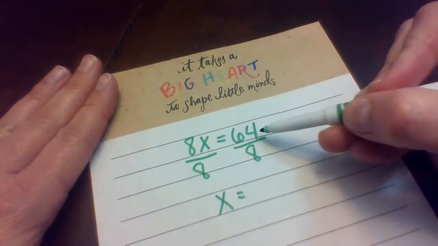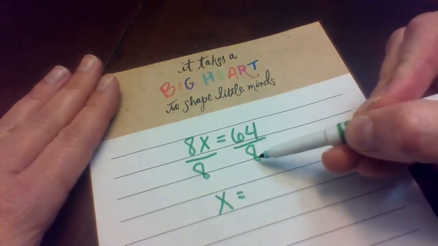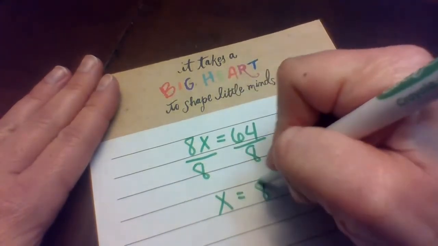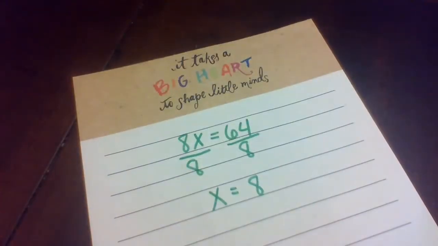And over here, 64 divided by 8 gives me 8. Okay, so it's kind of like when we talked about fact families and we said if you have multiply, you can divide to get the opposite, and that told me what my answer is.